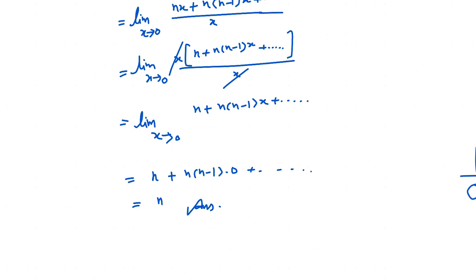So we will try to remove this x from the denominator so that the value shouldn't be undefined. That is why we apply the expansion. Whenever we have x or x square in the denominator, then we use expansion to cancel this x in the denominator. You got it now? Yes, ma'am, I got it.